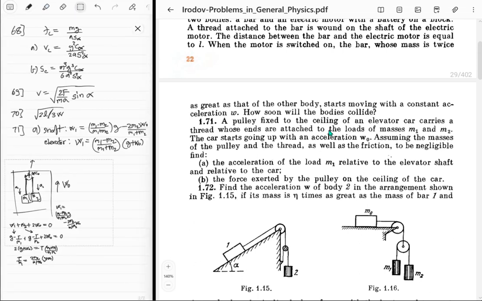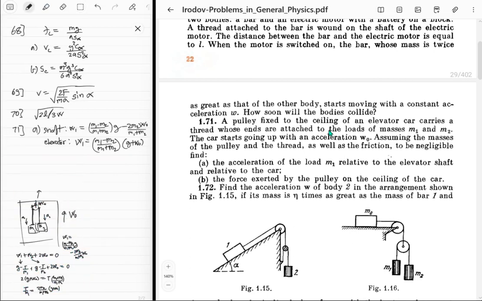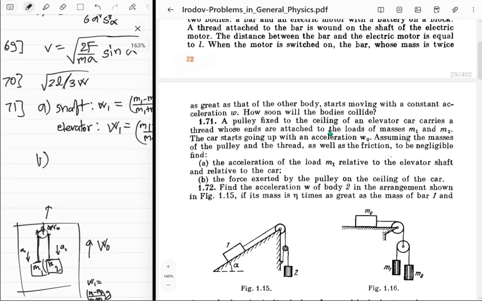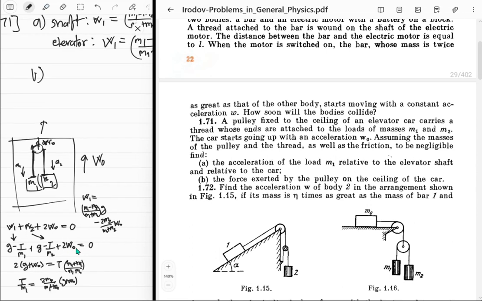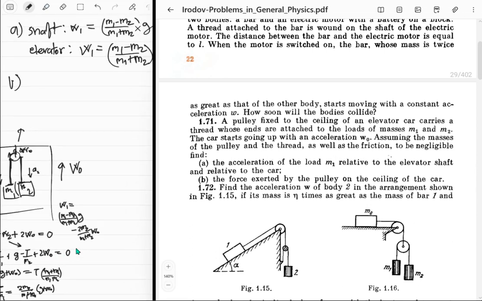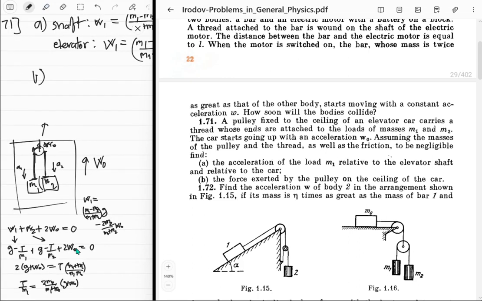So let's go to B now. B is the force exerted by the pulley on the ceiling of the car. So that's just 2 times the tension. You already got what tension is, right? So that will just be equal to 2 times this quantity.